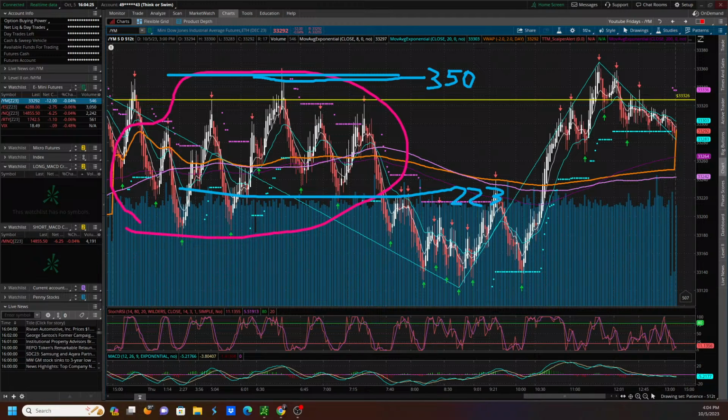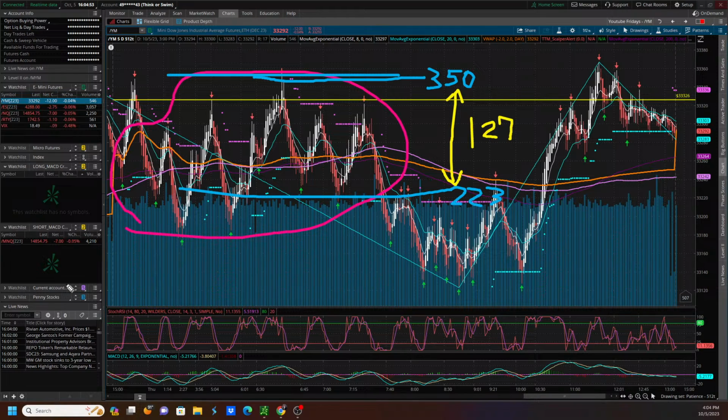The delta between 350 and 223 would have been a total of 127 points, if I did that math right. So it's still pretty significant. Even though it was up and down, there were definitely a lot of opportunities in that range to make money. With the YM, if you were to trade 2 contracts, that would have been $1,270.